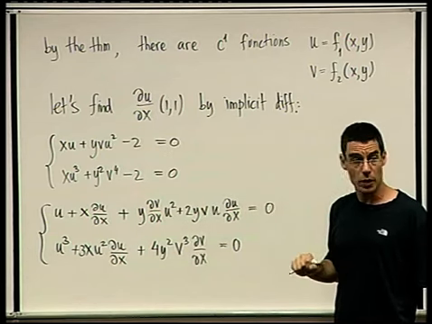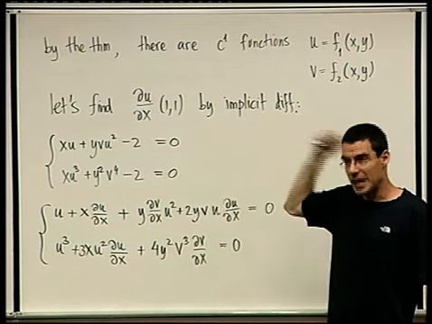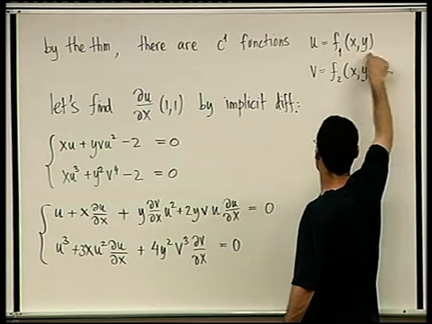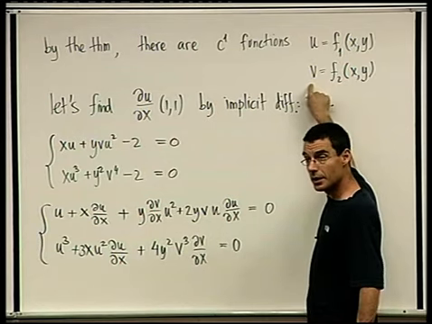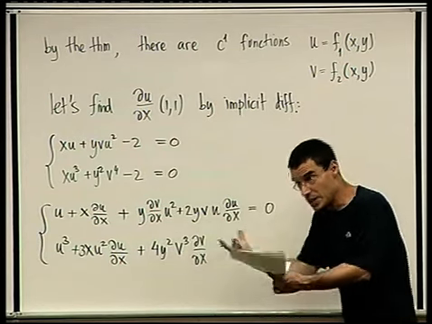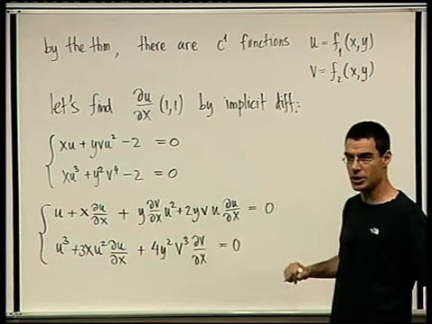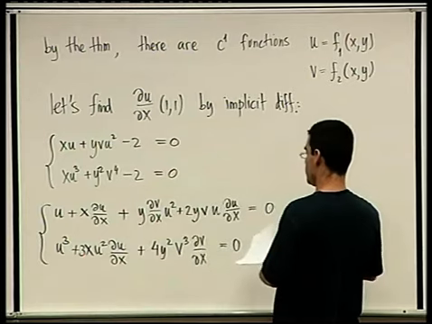They're also 1, 1 because the point (1, 1, 1, 1) satisfies the relation. So u(1, 1) has to be 1 and v(1, 1) has to be 1. Clear? That's the statement of the theorem, that what we're finding are functions that satisfy the relation. Okay? So where do I want to continue?